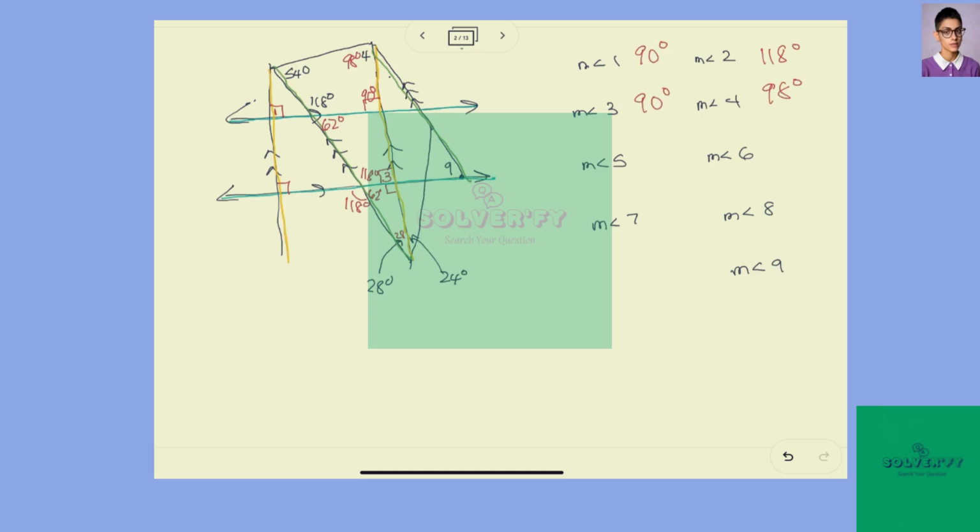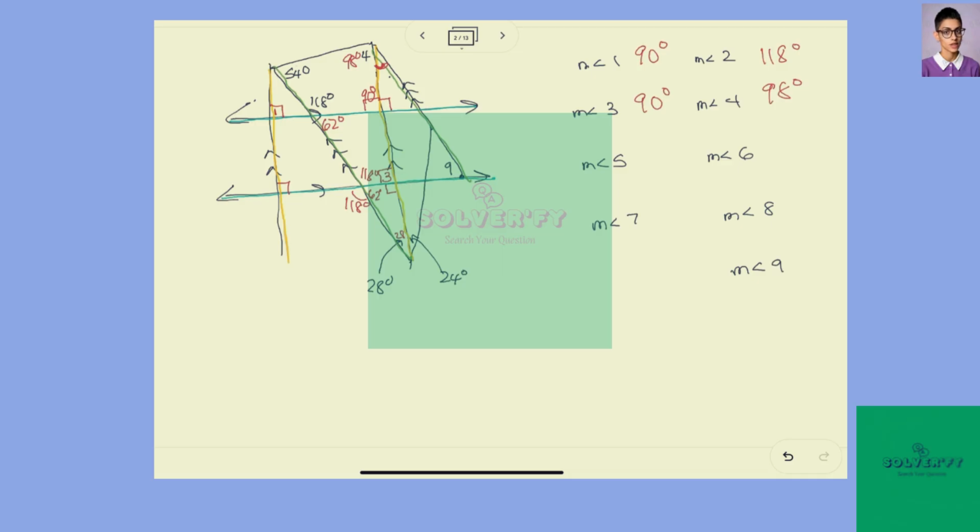Okay, angle 5 is right in here. So I know this is 90. And I need to get another angle in that triangle. So let's see how we're going to do that. We've got some parallel lines.